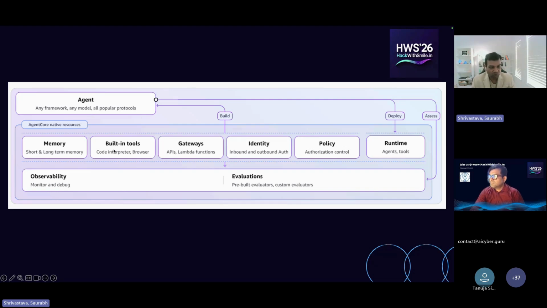But the core is that you need to have the memory, you need to have the built-in tool, which is like a code interpreter and browser. And you must have heard about when Manus launched Manus.ai, and then Anthropic launched the system called computer use, which goes and searches the information in the browser.